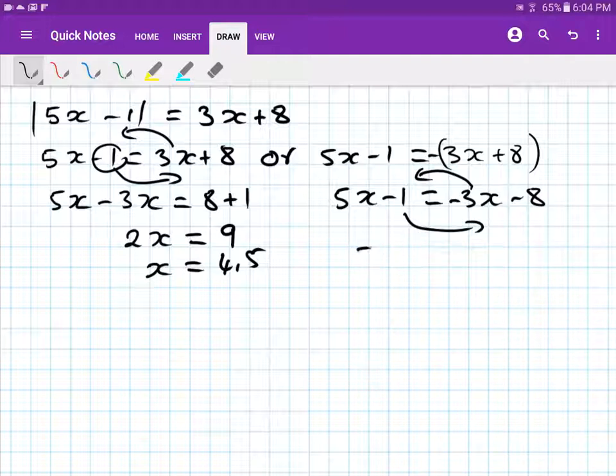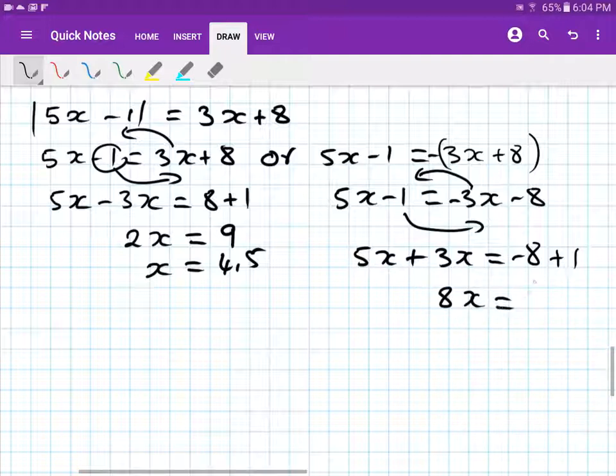So 5x, minus becomes plus 3x, is equal to negative 8, I write it down, minus 1 moves over and becomes plus 1. Add together, that gives me 8x is equal to minus 8 plus 1, which is minus 7. Divide by 8 on both sides because I want to get rid of the 8, so that becomes minus 7 over 8.